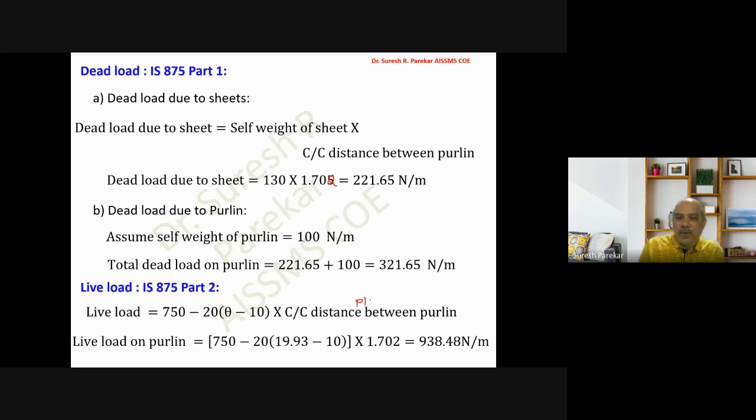Actually, for live load we are going to consider plan area, but you are on the safer side when you take the center to center distance between purlins, because this value is 1.6 meter and we have taken 1.702. If you take 1.6, then that comes to something like 82. So we have live load on purlin 938.48 Newton per meter.